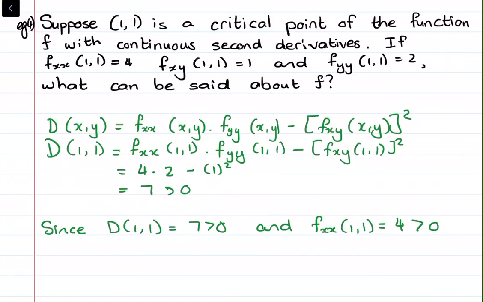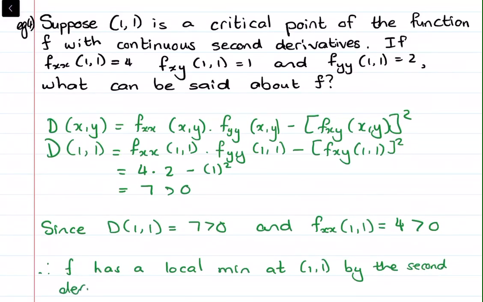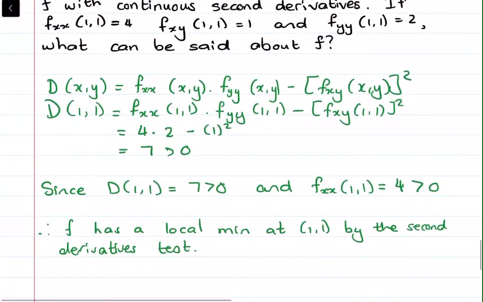You realize that the second derivatives test tells us that 1, 1 is a local minimum. So you can write it as, therefore, f has a local minimum at 1, 1 by the second derivatives test.